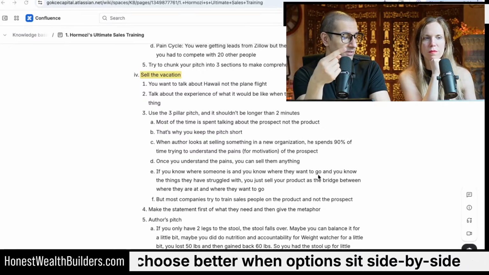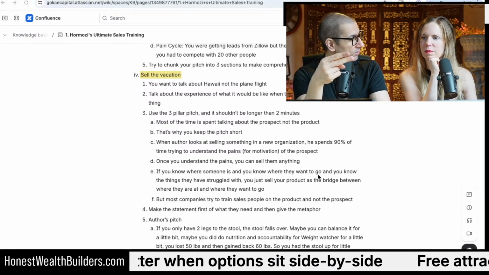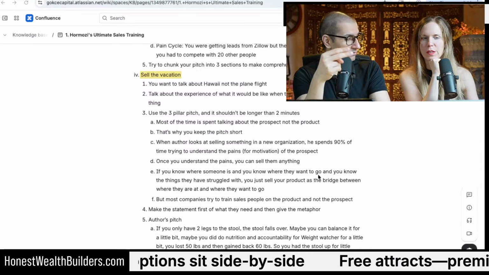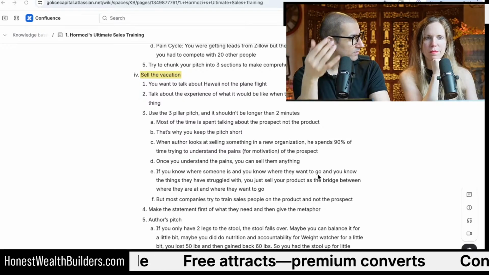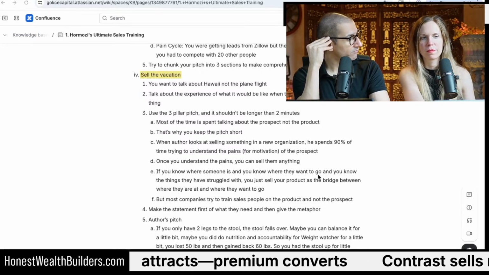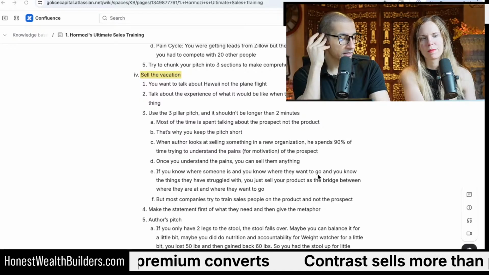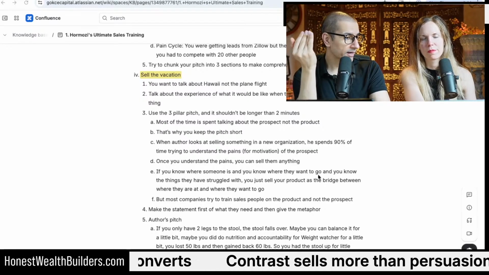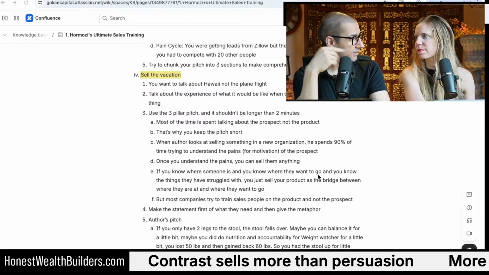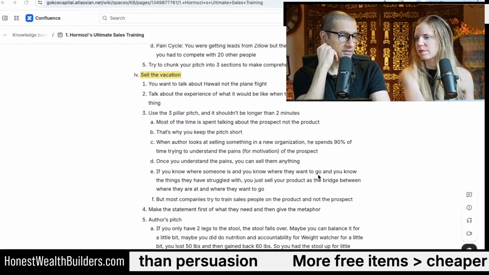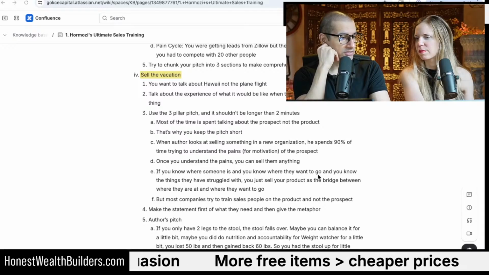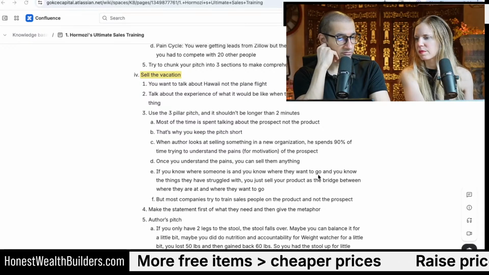So accountability is 1. So 3 A's. A for accountability. Second A is for availability. So we have the Discord. You can message us anytime and we respond almost in real time most of the time. And there are other people who are action takers who also respond. So it's an ecosystem of action takers which help each other and share results so we can learn from each other faster.